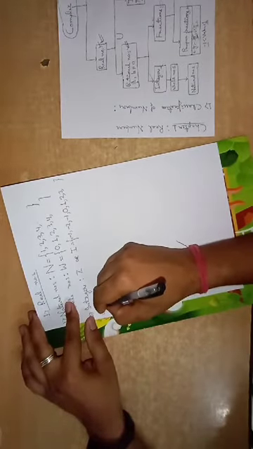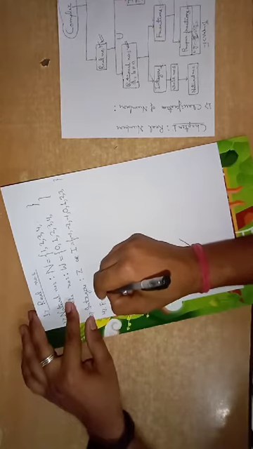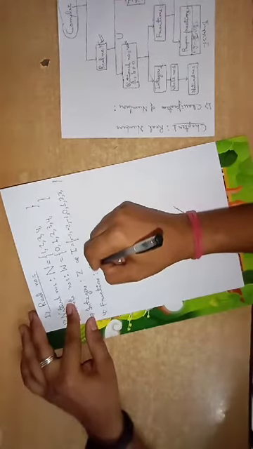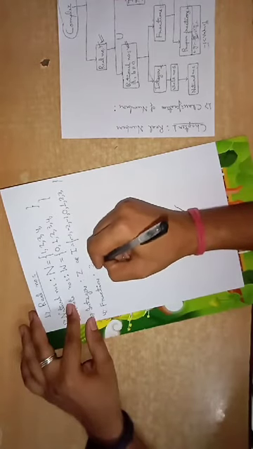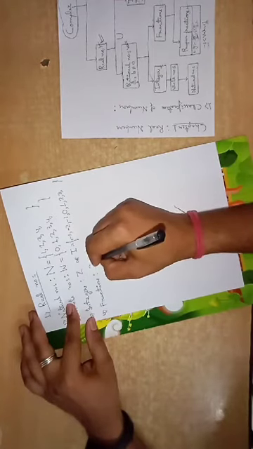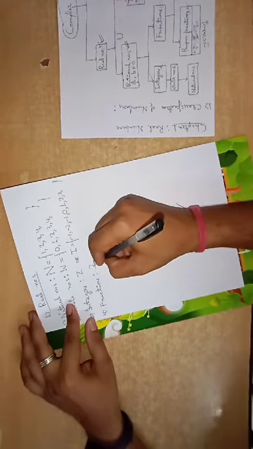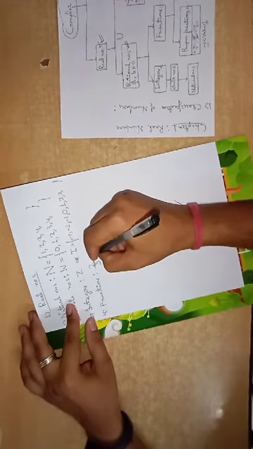Two by 3 is a fraction. What is the meaning of fraction? You have a slash in between, and on top you have an integer, and below that you have another integer. So this is called a fraction.